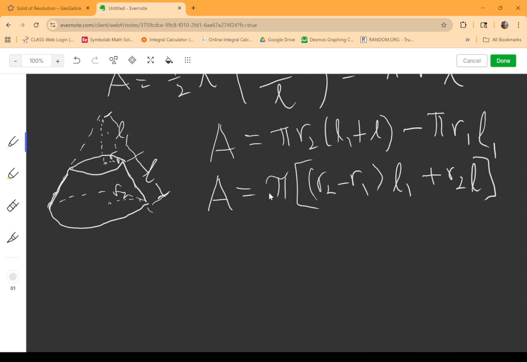Okay, now let's look at what we're going to do from here. I'm going to do a little simplification by using some similar triangles.